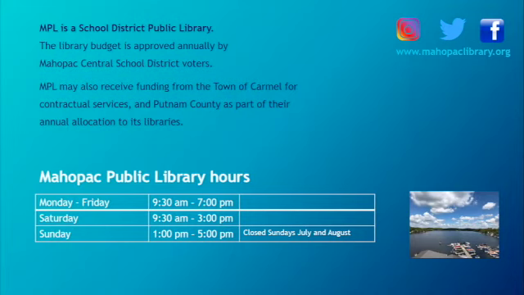The library has 9 trustees and each has a term of 3 years. The approved levy is collected by the Mahopac Central School District and distributed to the library in 4 installments. We may also receive funding from the town of Carmel for contractual services and Putnam County as part of their annual allocation to libraries.